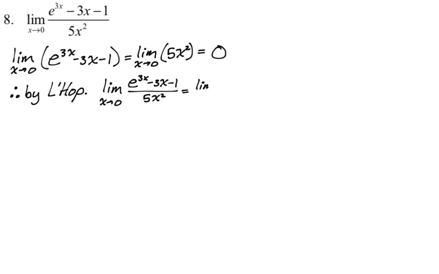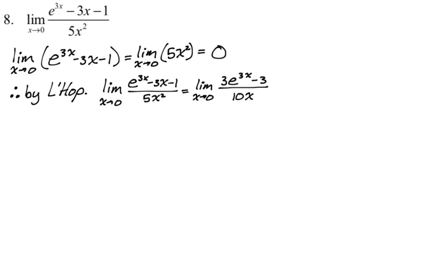So the limit as x approaches 0, derivative of the numerator is 3e to the 3x minus 3 over derivative of the denominator is 10x. Okay, so we try to substitute, we get 3e to the 0, so 3 minus 3 is 0 over 0. So we're going to do it again.